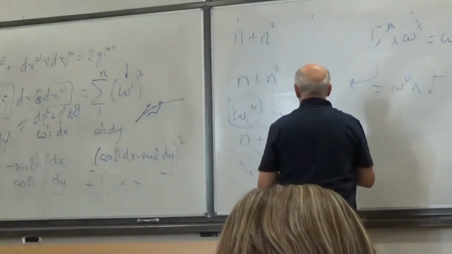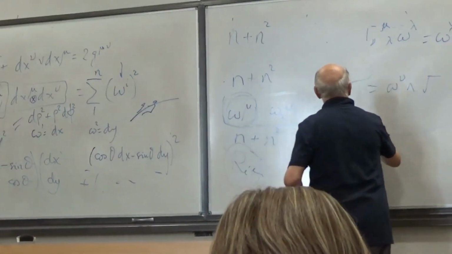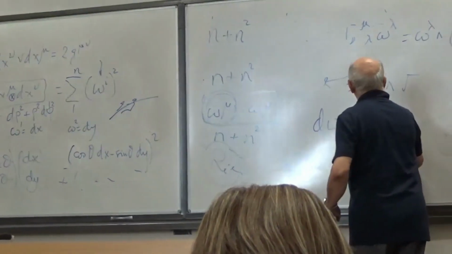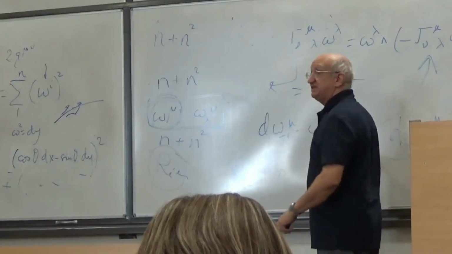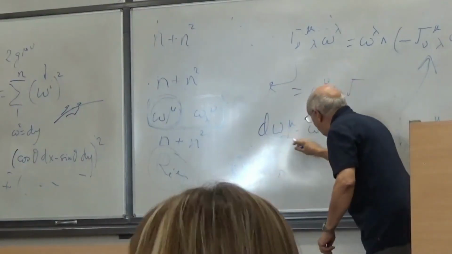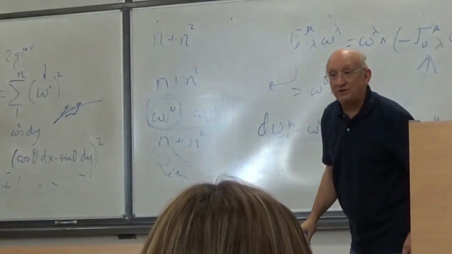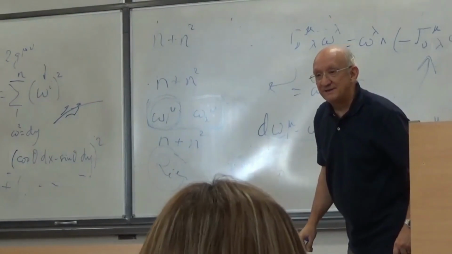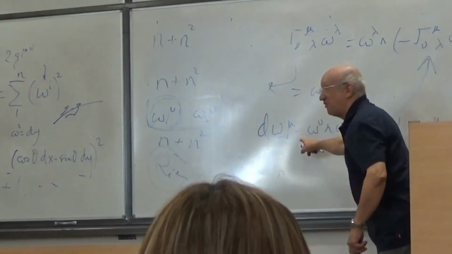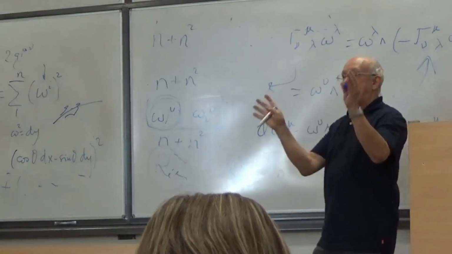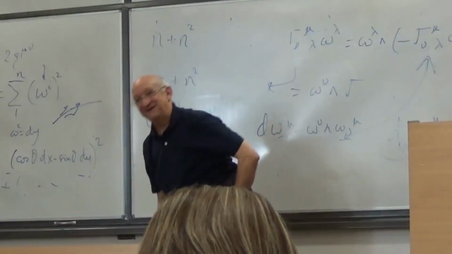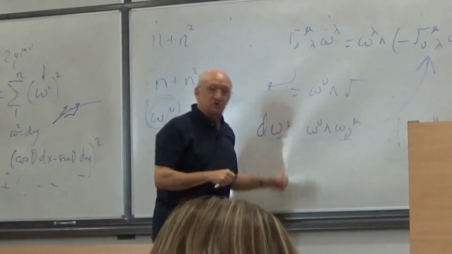D omega mu minus omega mu, if those are independently defined, then when you form this, it is not going to be 0 in general, because these and those have been independently given, and that gives rise to the torsion.